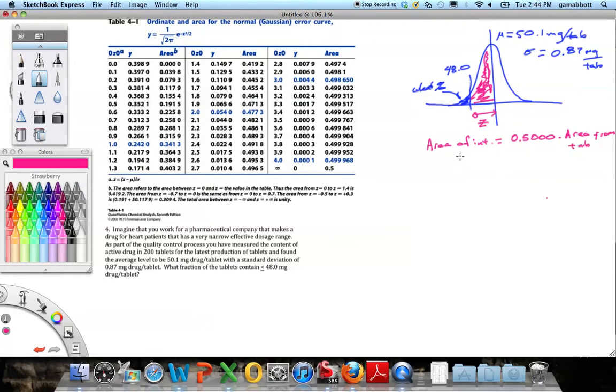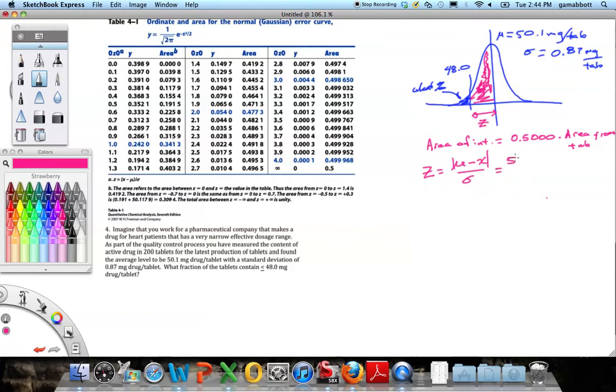Now, to get the area from the table, we need to be able to calculate z. We know that z is equal to the absolute difference between the average value and our value of x, divided by sigma, our standard deviation. So we have numerical values for that. Let's plug them in.